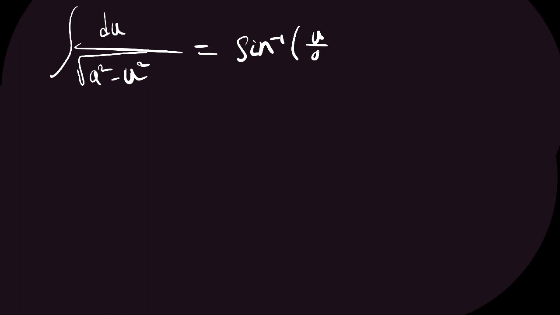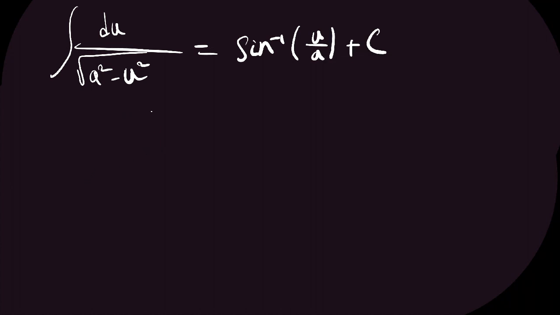Do the integral of du over square root of a squared minus u squared. This is going to be equal to arcsine, or sine inverse, of u over a plus c.